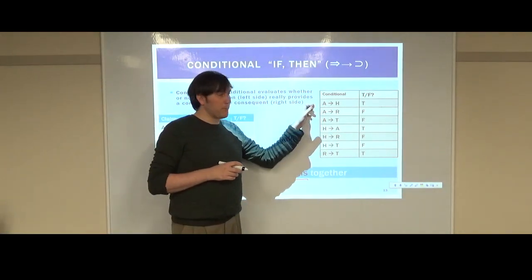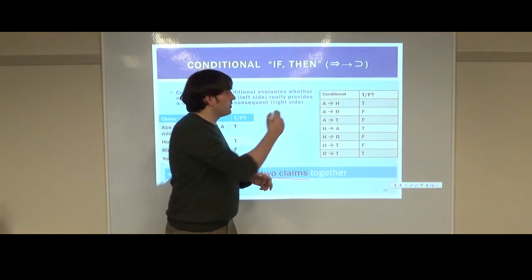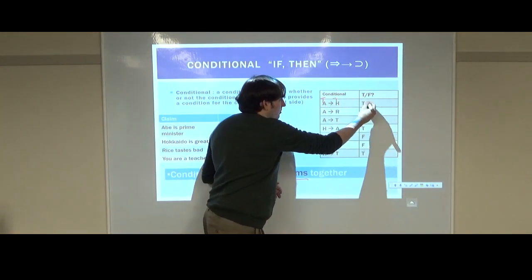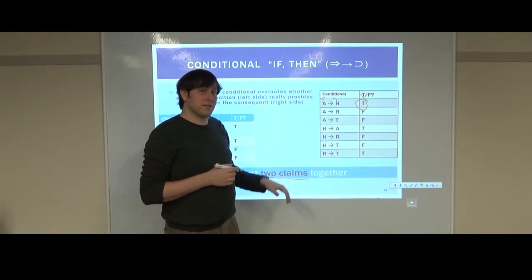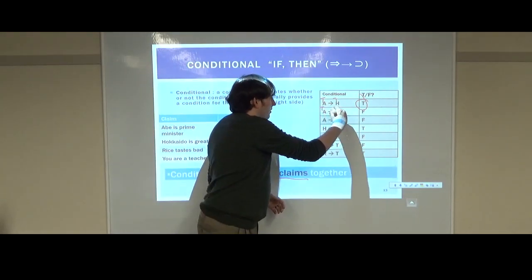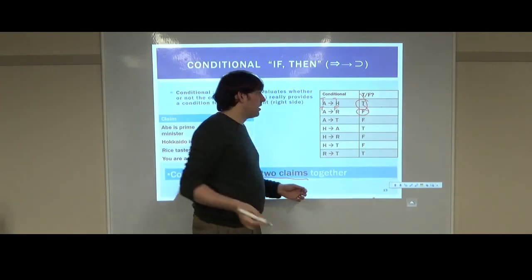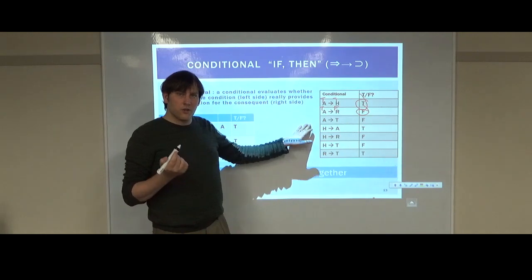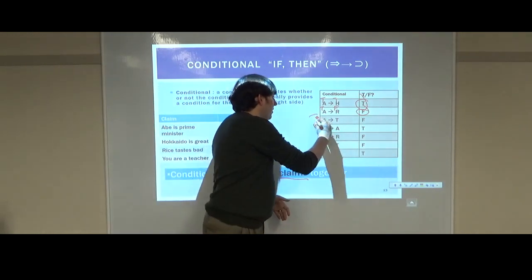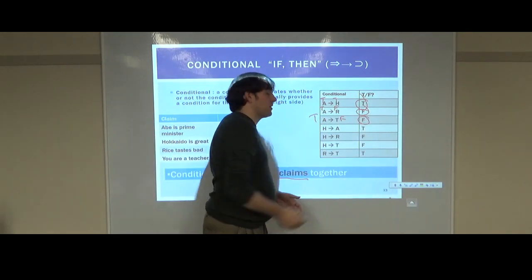If Abe is prime minister, Hokkaido is great. So here we have true and true, and true. If Abe is prime minister, then rice tastes bad. So here we have true and false, false. If Abe is prime minister, then you are a teacher. So we have true and false, and this is false.